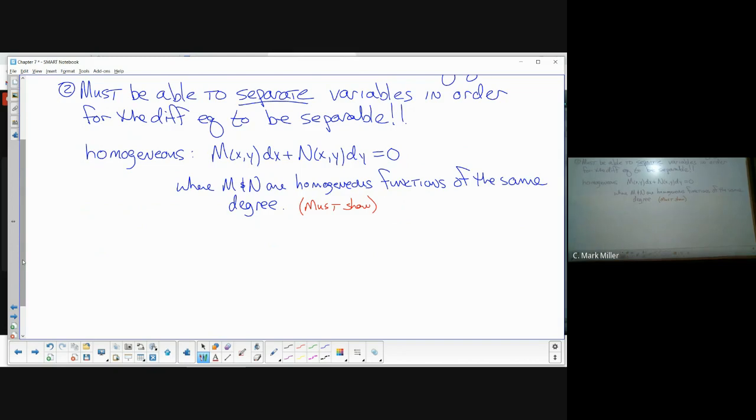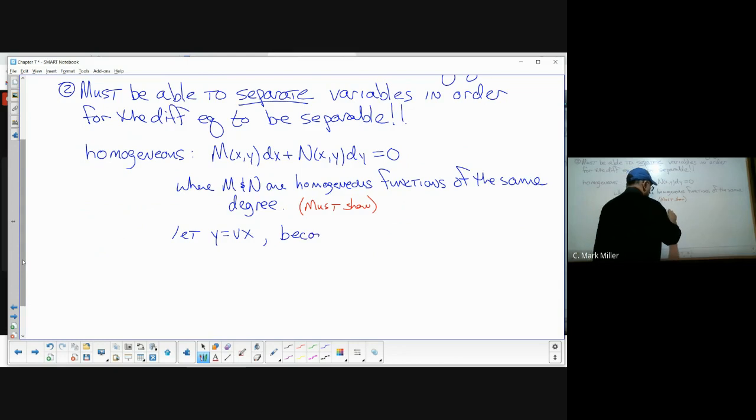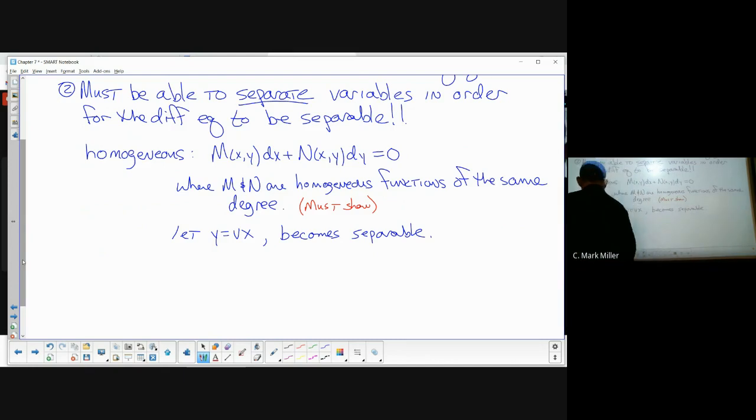And then you let y equals vx and it becomes separable, if so.